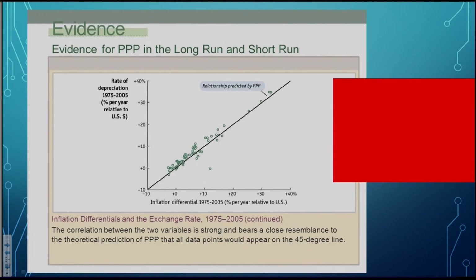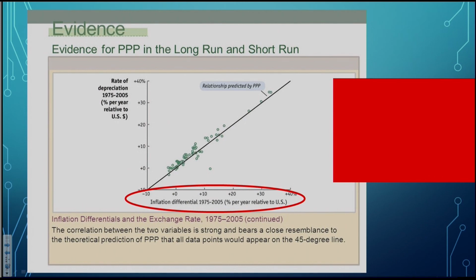So this right here is another way of looking at the same theory. We need to start by looking at the axes. Remember, when you're looking at economic data presented graphically, you always need to look at what's on the axis. So here we've got the inflation differential, and this is not just for one country. It lumps together a bunch of countries.